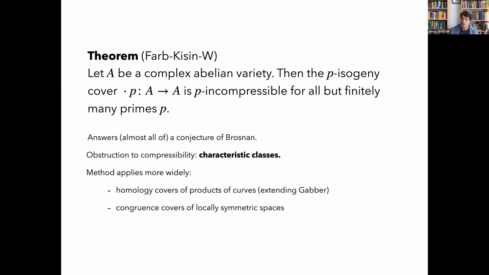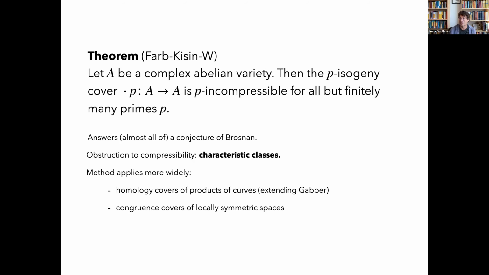And then there's a rich class of examples that show up if you start thinking about things like arithmetic lattices in algebraic groups. You get these very rich objects called locally symmetric varieties, and these objects come endowed with very rich systems of finite covers.